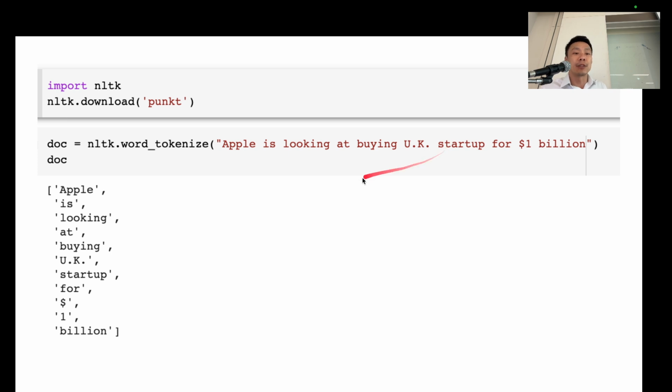UK is one word, and it can do that. $1 billion. It split the dollar sign and one, which is the right thing to do because dollar sign means dollar, one means one, right? So it splits that for you. So it considers many things, not just the spaces. But you would know it's a bunch of regular expressions.